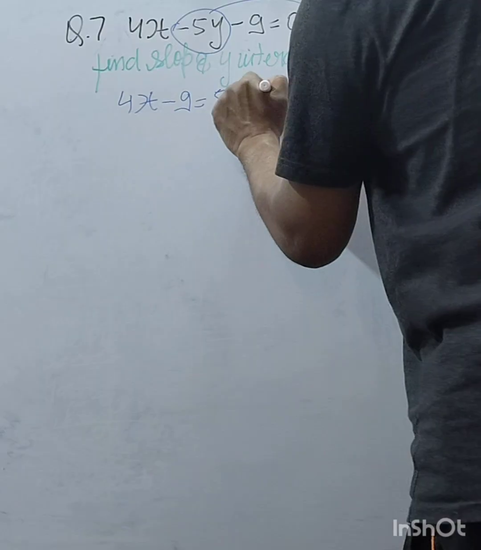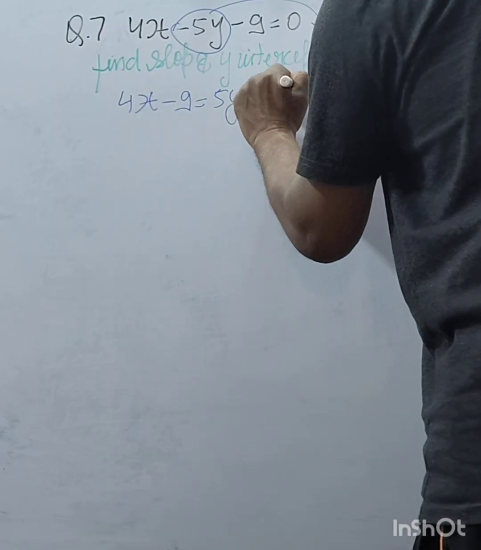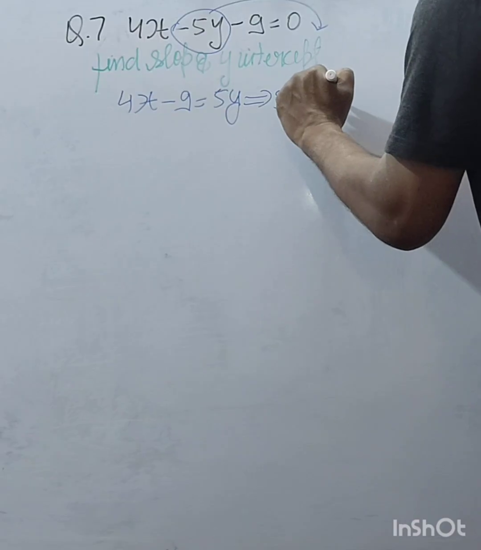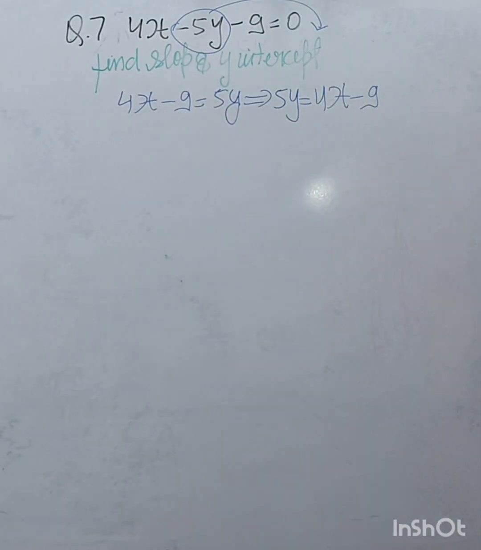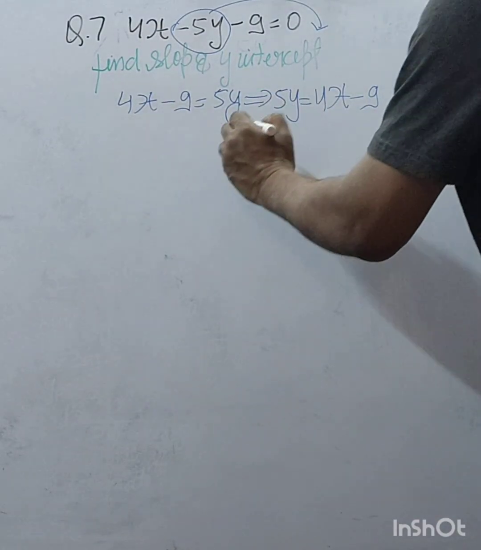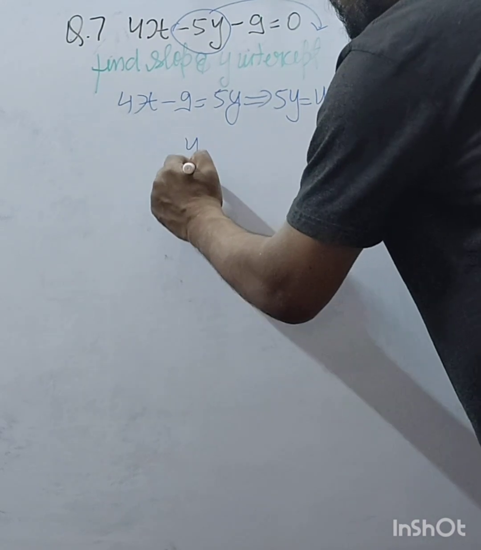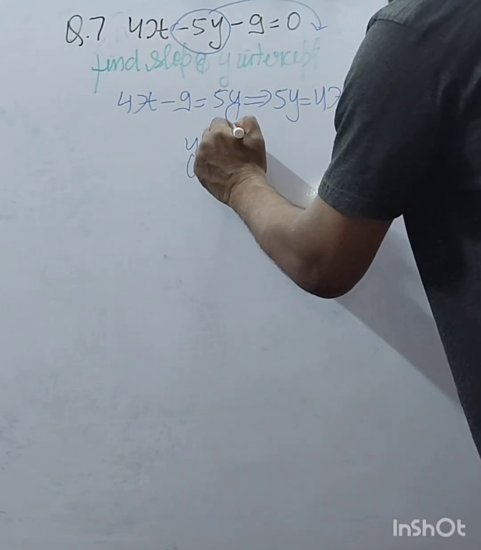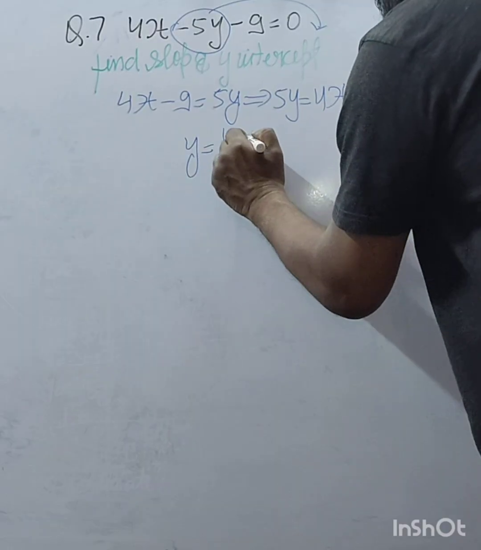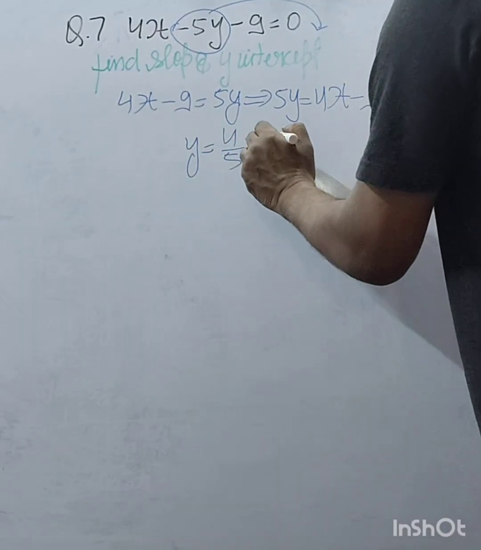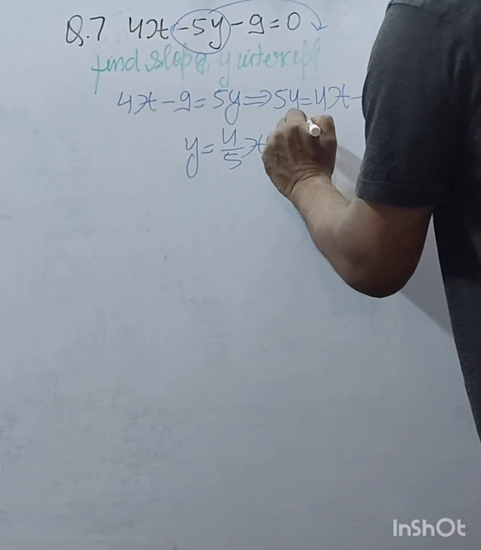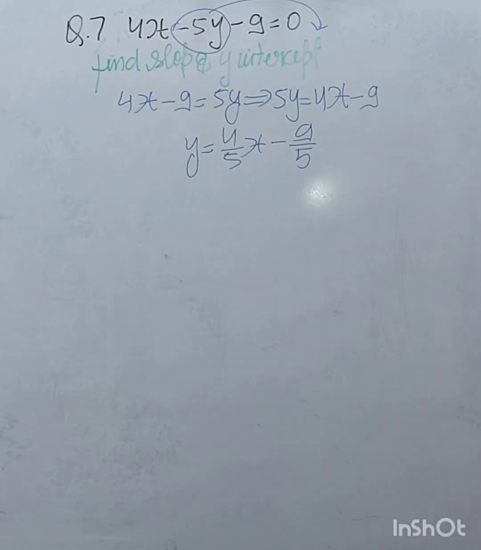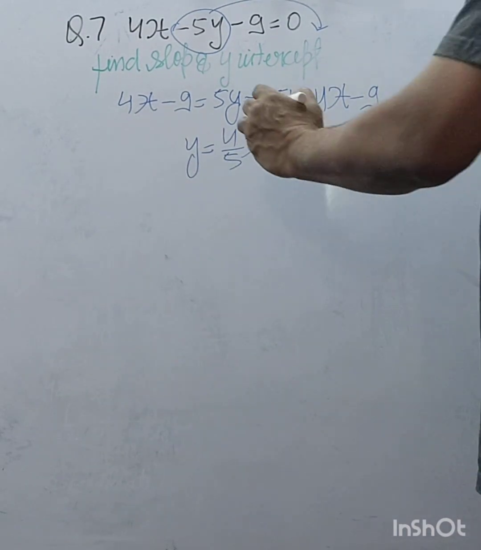Or you can write 5y is equal to 4x minus 9. Now you can write y is equal to 4 upon 5x minus 9 by 5. Right?